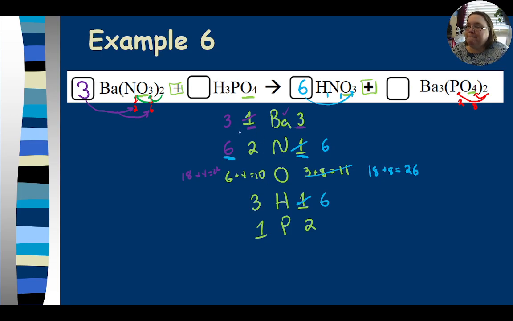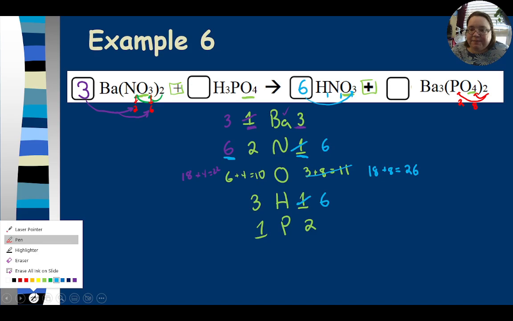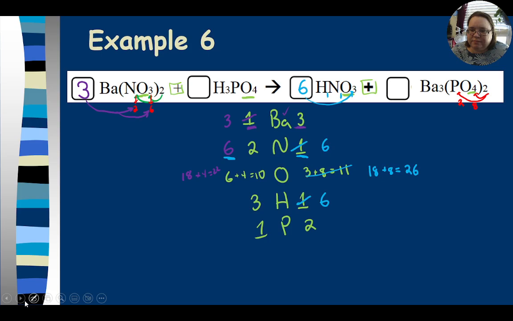All right. So I look down and I see still got H's and O's mixed up, but I'm going to save them till the end. So the next thing I'm going to fix is my P. So to fix the phosphorus, my P, I can see that I need more on the product side.